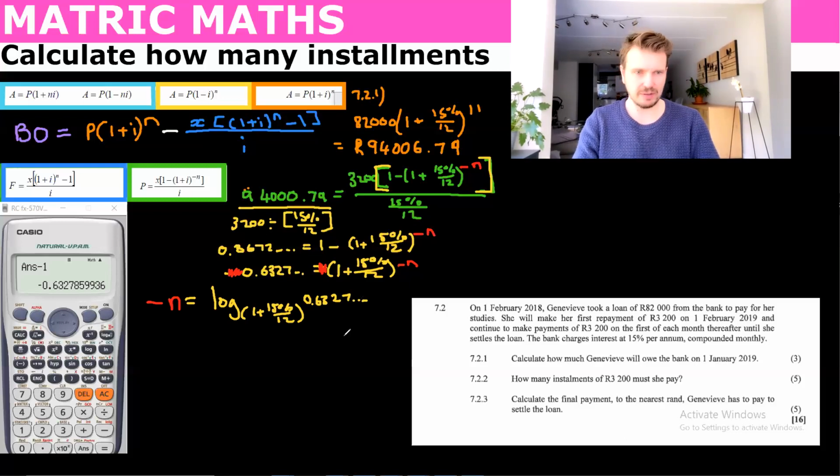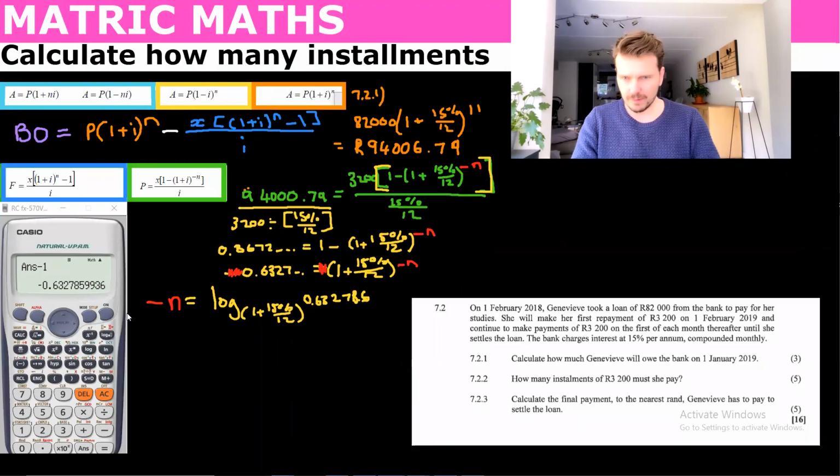Okay, so now let's actually write a few more digits there. 632786. Okay, now we can put that in our calculator.